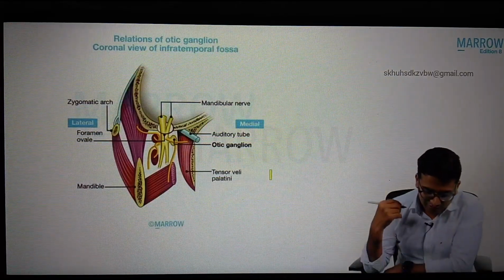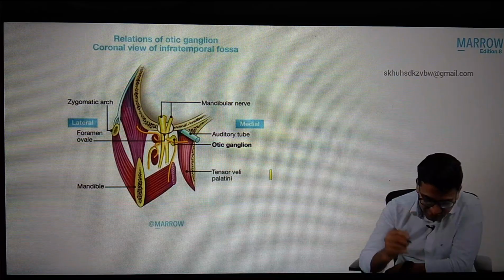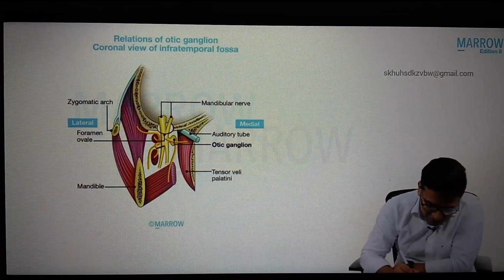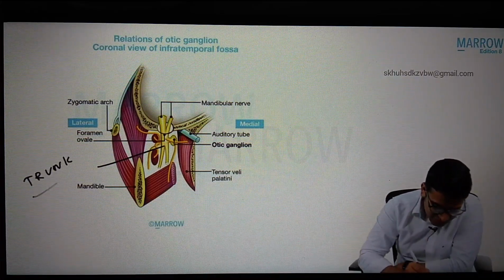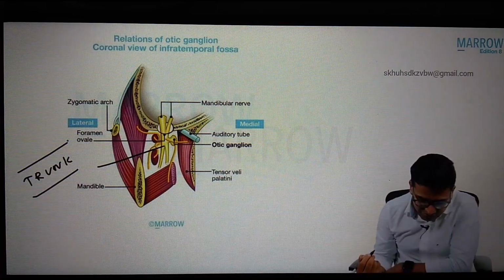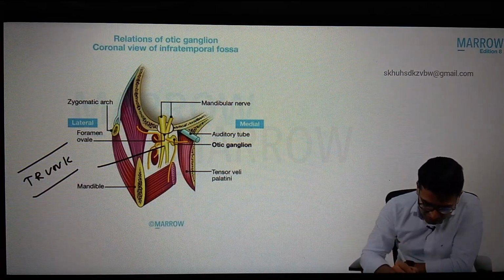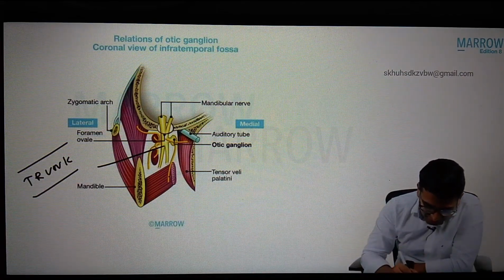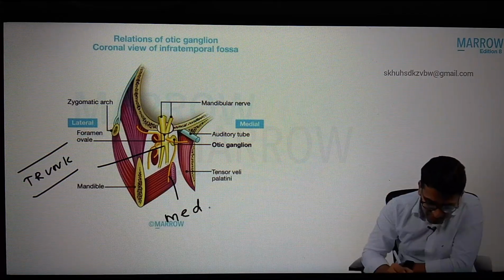Now see the diagram. In this diagram, we are seeing the trunk of the mandibular nerve, which gives a branch to the medial pterygoid muscle.